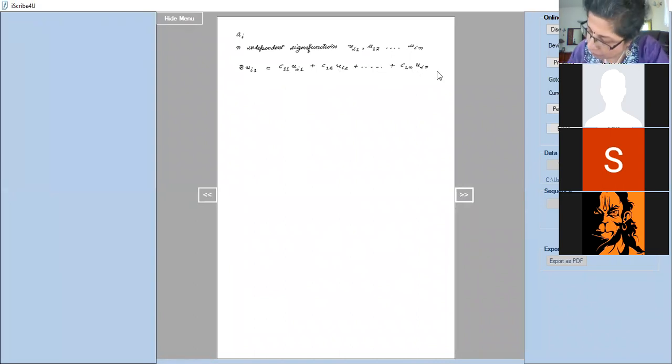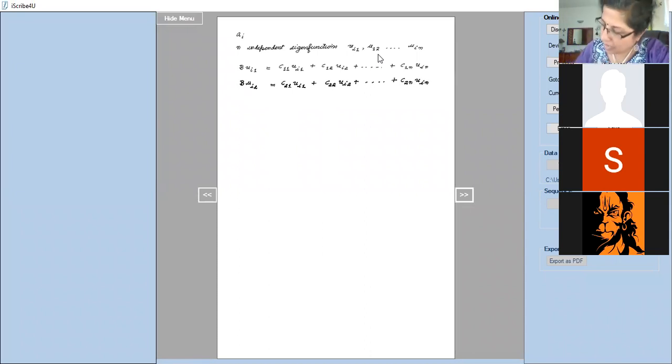Now I can write it for BUI2. So here R is 2 now for me. Again I can write it as C21 UI1 plus C22 UI2 plus like that C2n UIN.